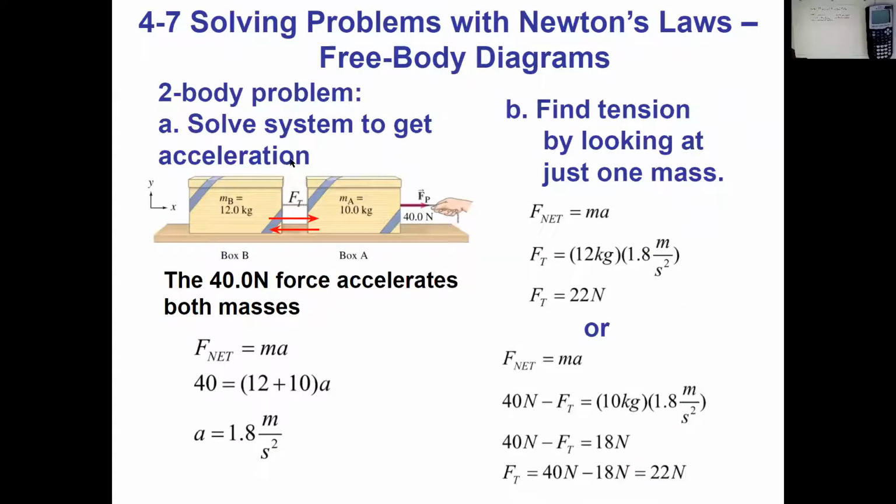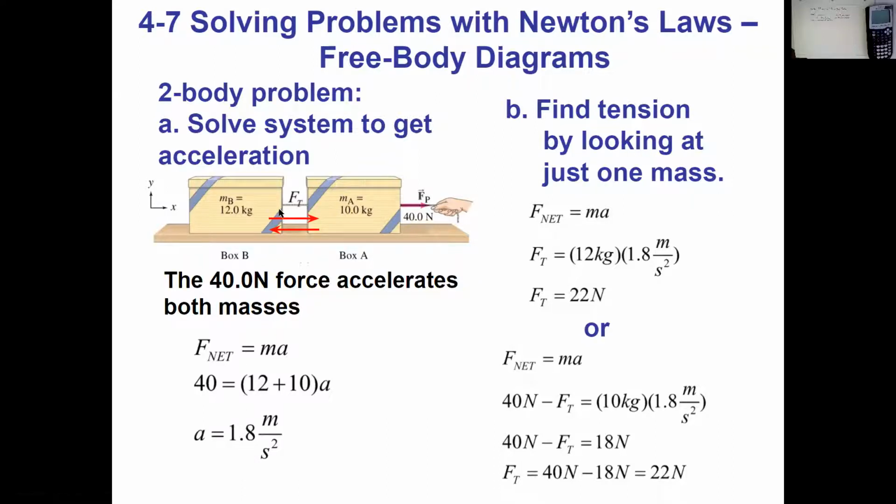With the two-body problem, first we solve the overall system to find the acceleration. You can see that the tension is an internal force, and that's why we talked about Newton's third law, action-reaction. Here's our action-reaction pair happening right here. But for starters, the 40 newtons is trying to accelerate both boxes. So we add the masses together, that's our system, and then divide through to find the acceleration.